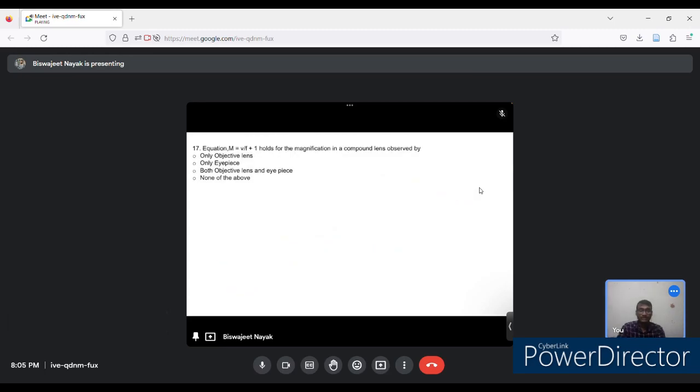Again, this one I have already explained. From the lens equation, which is given as 1 by f equals 1 by u plus 1 by v, using the equation of magnification, which is v by u, we can equate this, and for the eyepiece we get the equation for magnification as v by u plus 1.